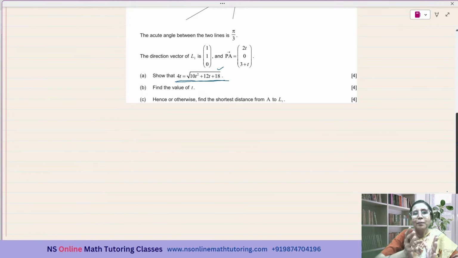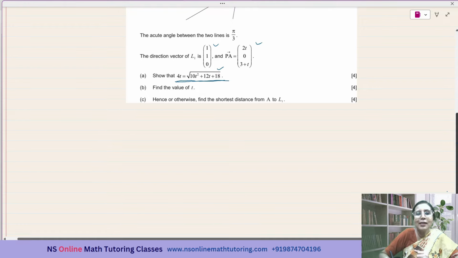If we have to get the magnitude of any vector, we have to take the square root. So we can start by trying to get the magnitude of which vector? We have only two vectors, and since this expression contains t, let us start by finding the magnitude of this PA vector.